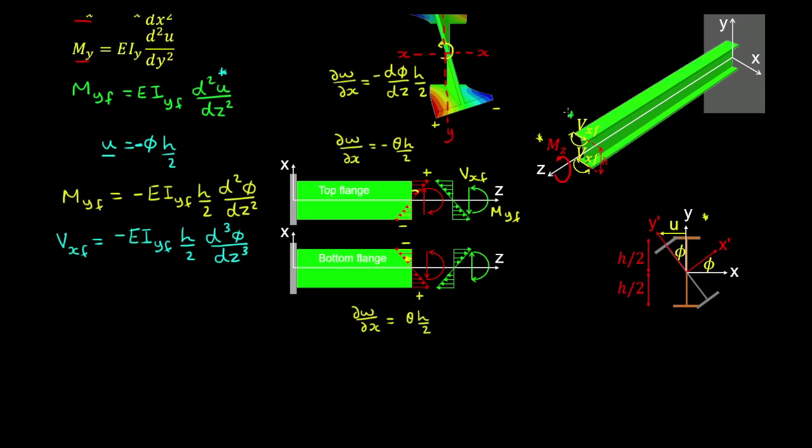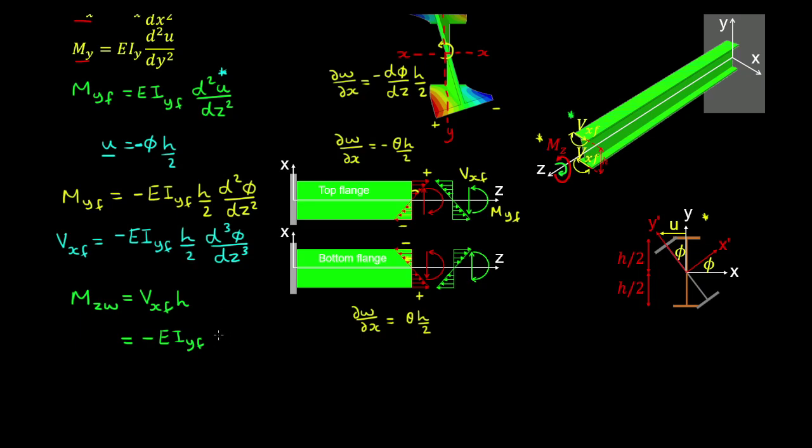Now as we can see here, the shear forces in the flanges generate a couple to resist this torsional moment. So we'll call this the warping component, and that's equal to the shear force by the moment arm h. So what we get is the following expression.